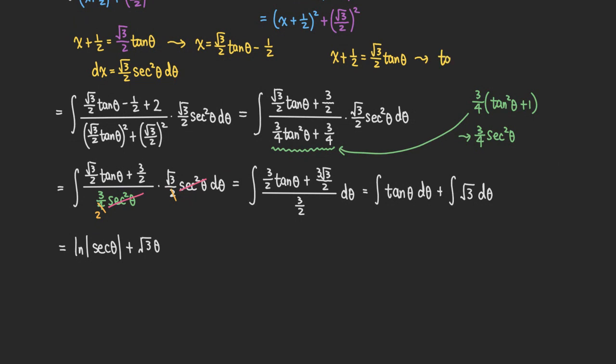And then we should be solving for tangent in this case, so that we can draw a triangle. So if we solve for tangent, then we are going to take this x plus 1 over 2, right? And then we divide by the radical 3 over 2. So we are going to be getting x plus 1 over 2 all over radical 3 over 2.